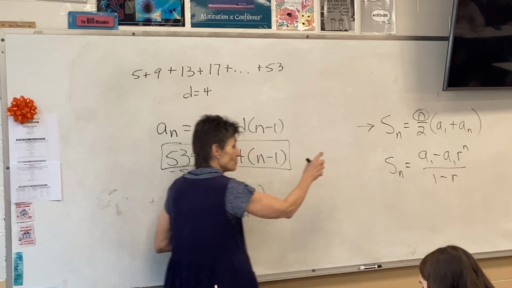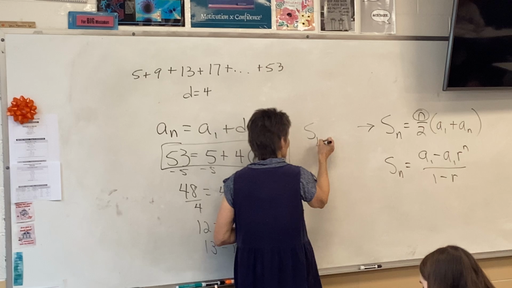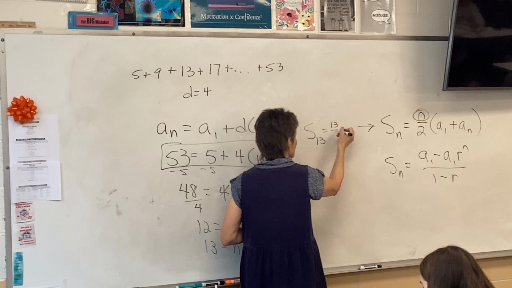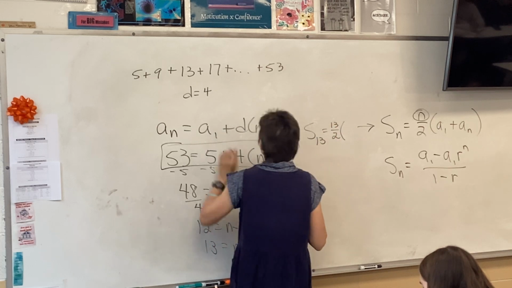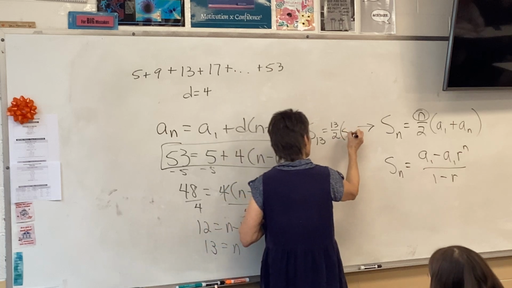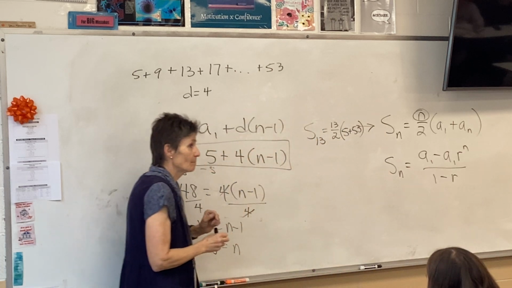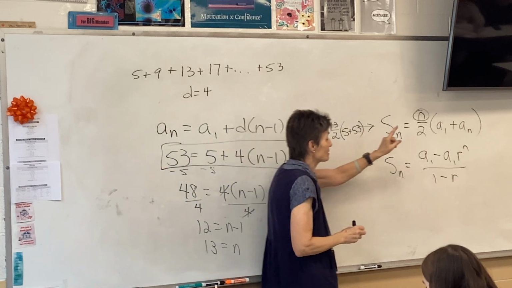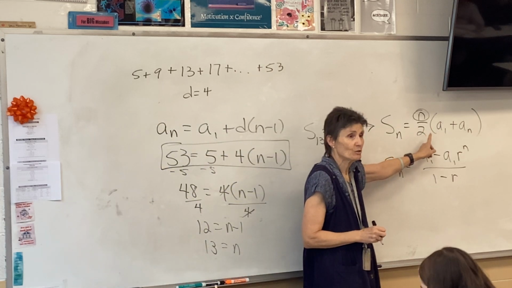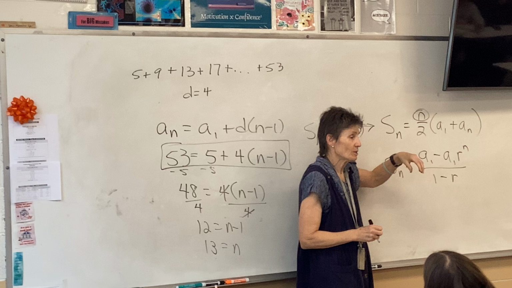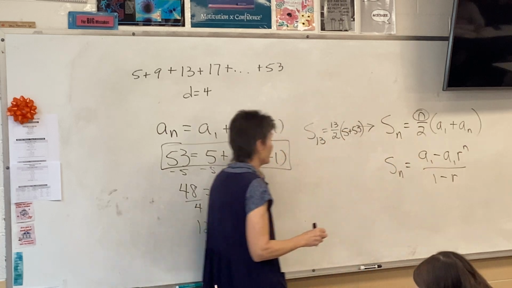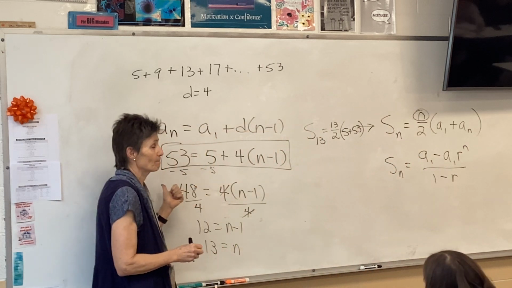So now I can use my formula. There are 13 numbers in the list. The first one is 5, and the last one is 53. This formula is one of the easiest ones to use, but unfortunately, you often have to do another formula first.